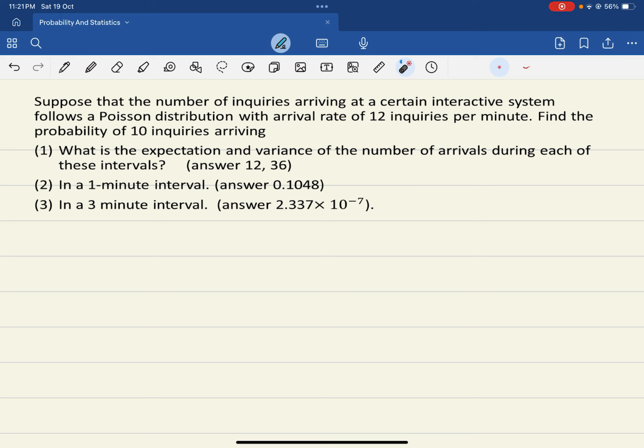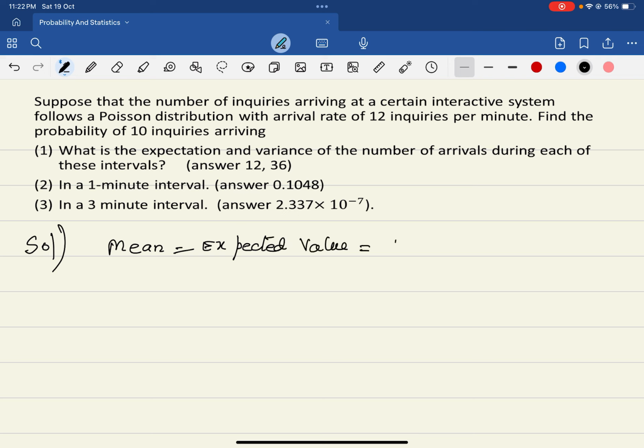So how to solve this now? First of all, what is the mean? Mean is given by the expected value. Expected value is lambda. And it is given that 12 inquiries arrive per minute, at the rate of 12 inquiries.